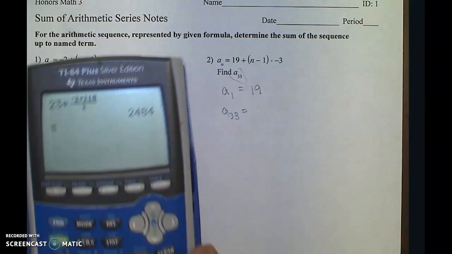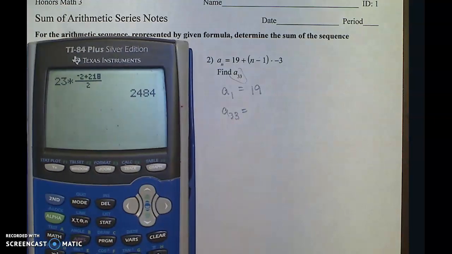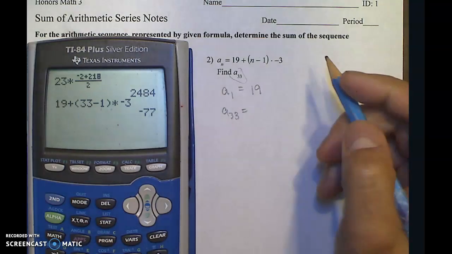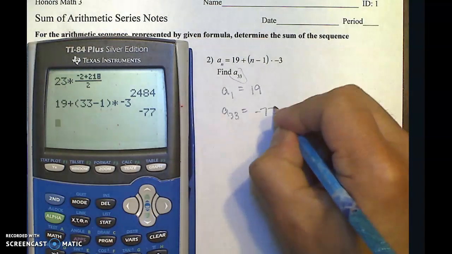So again, let's use our calculator. 19. Okay, so our 33rd term is negative 77.